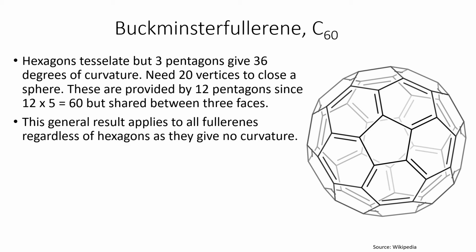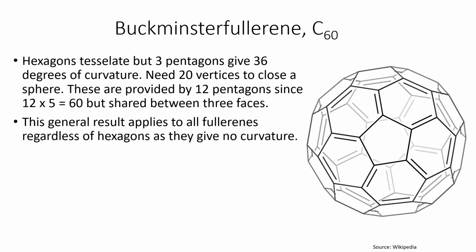And this is interesting because this is actually a general result, and of course there's a whole family of fullerenes, Buckminsterfullerene being the most famous, C20 being the most simple. Both shapes have got 12 pentagons, and in fact it's a general statement that 12 pentagons are required for closure of the cage.